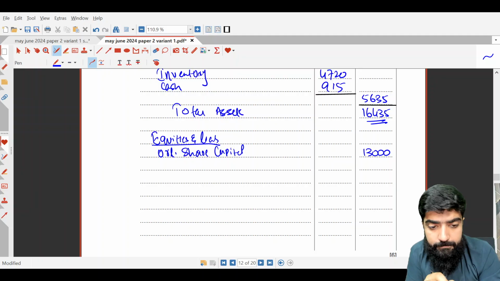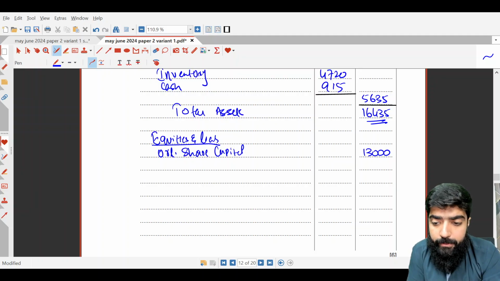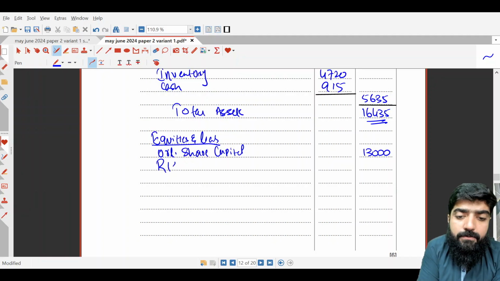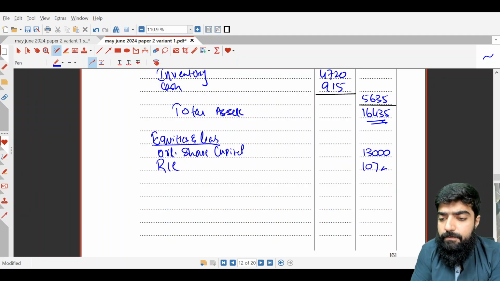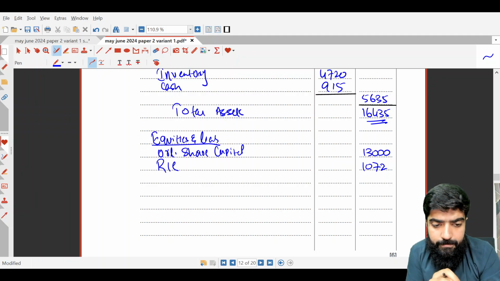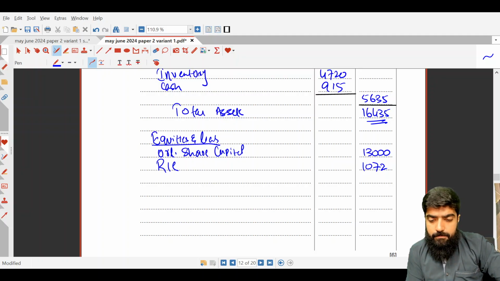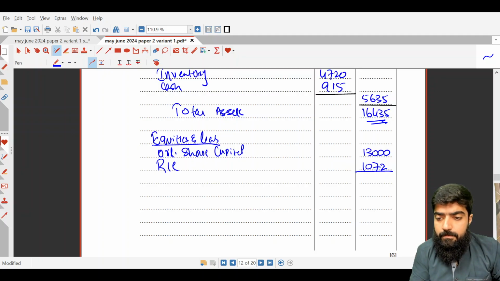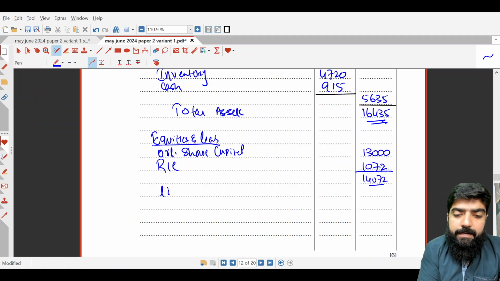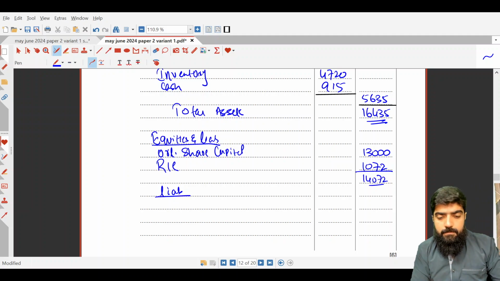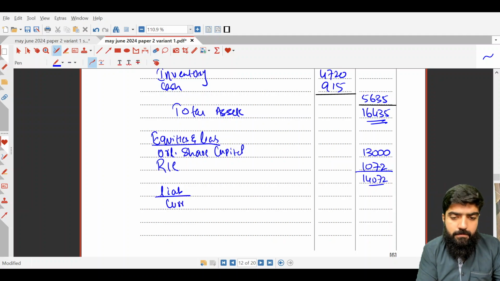Next, retained earnings. We are going to include the retained earnings closing balance, which was 1072. Yes, you're correct. It will be 14072. Now liabilities, current liabilities actually.